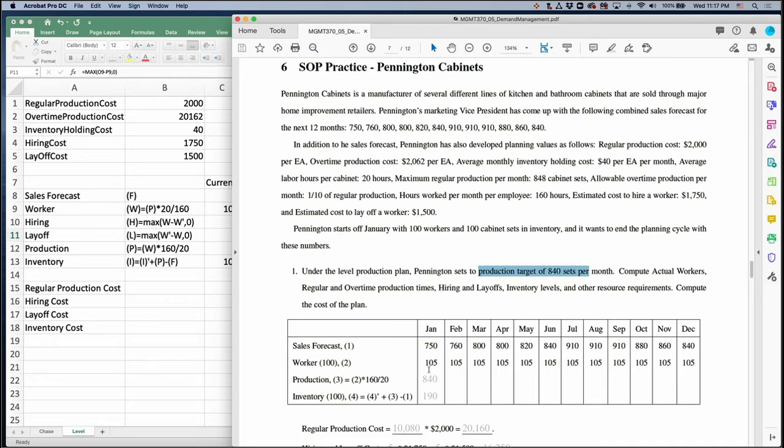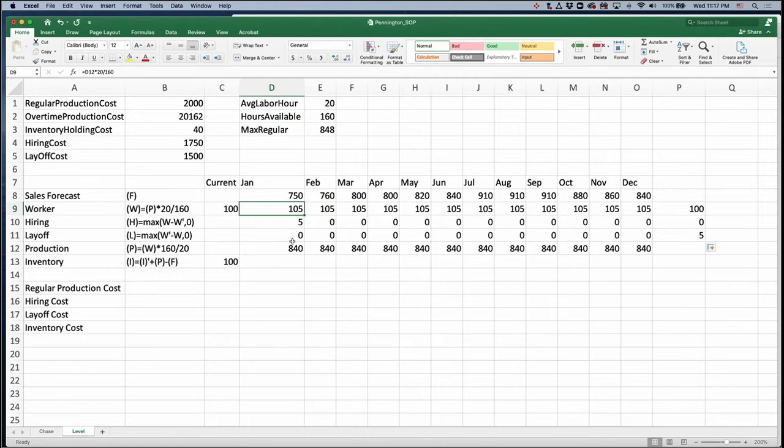So either way, you can set this number first and compute this number, or you can compute the 105 first and then compute this production level. And if you have the production level, we have a very basic supply chain material flow equation: ending inventory is equal to beginning inventory, the previous ending inventory, plus production minus sales or forecast.